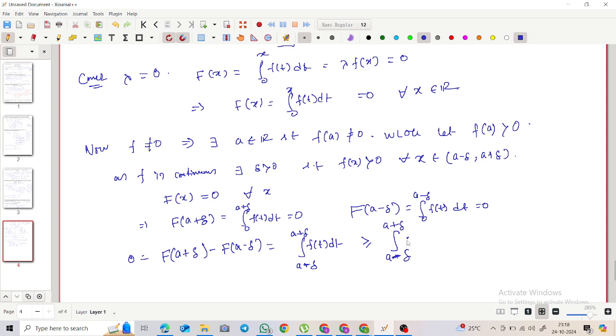Take say b dt, where b is the minimum of f(t) for t belonging to a minus delta to a plus delta.